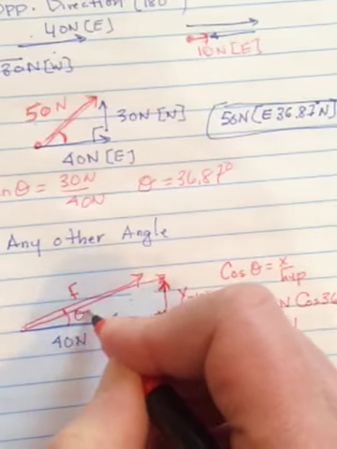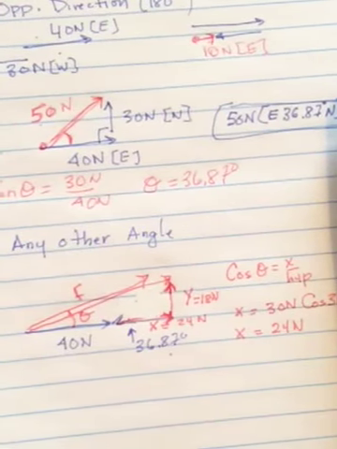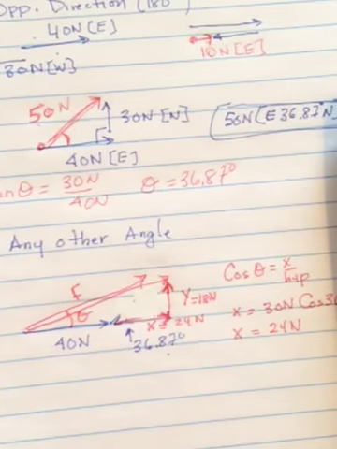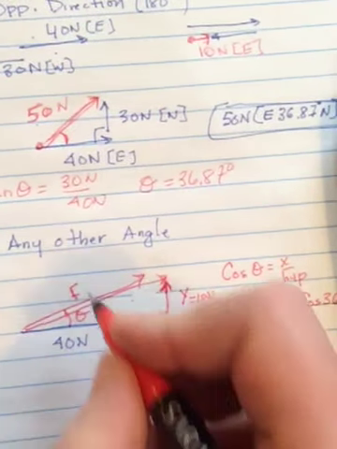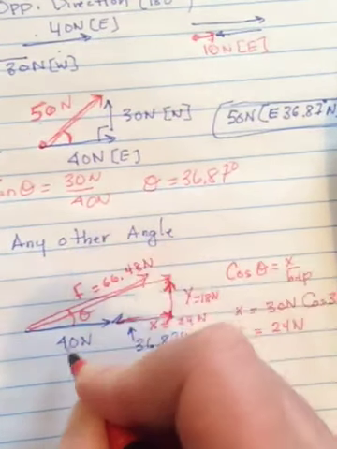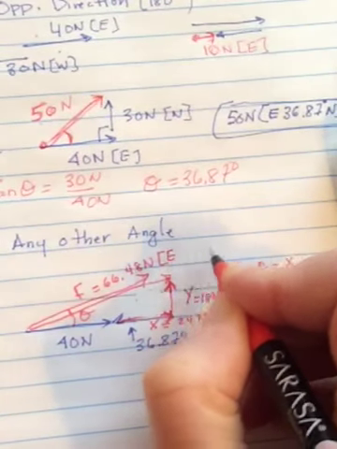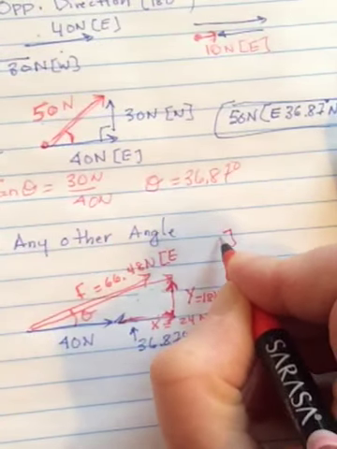And find the angle. So 64 squared plus 18 squared. I'm not doing this in my head. The other ones I did, but take the square root. So you get 66.48 newtons. And then you need to find the angle. And it's going east, so it's going to be angle something and then north.